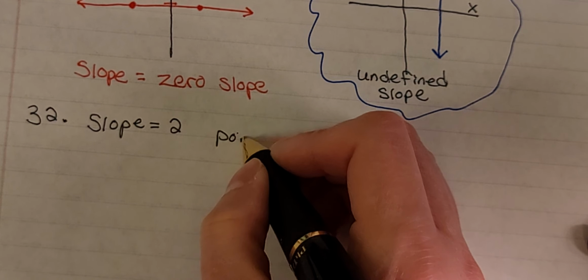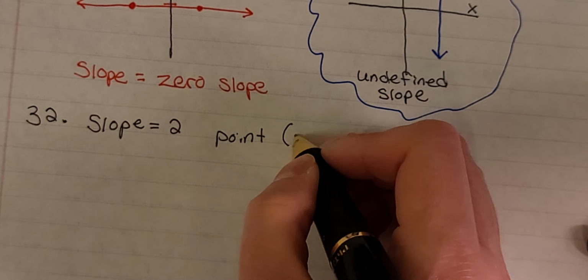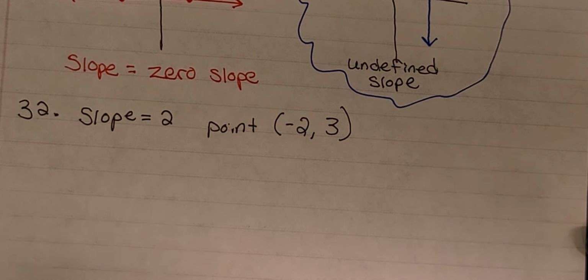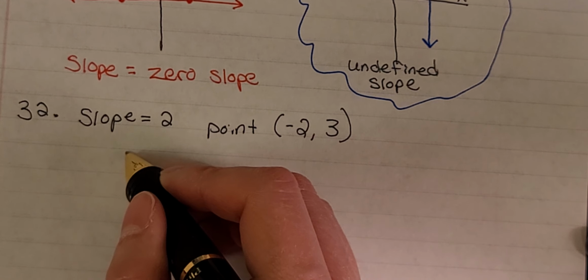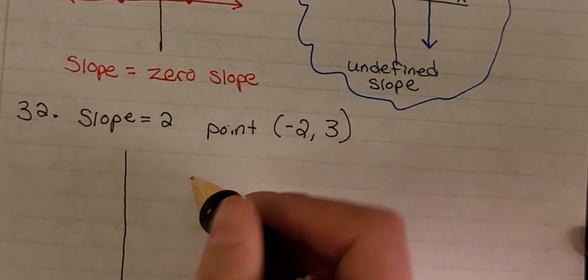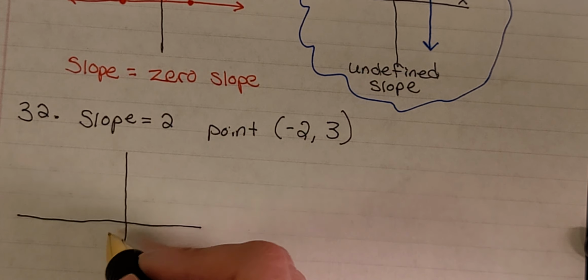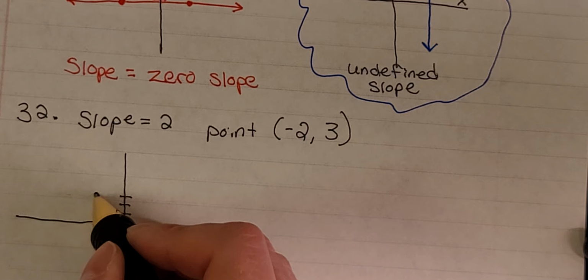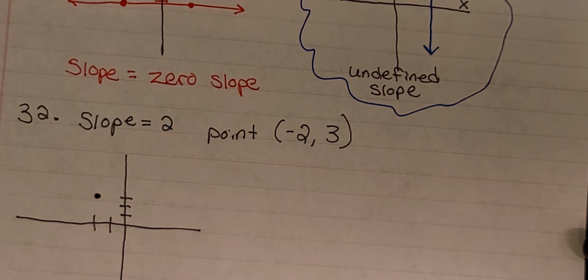And the point that they're given is -2, 3. All right, so first thing I would do is just plot your point on there. Okay, so -2, 3 would look like that.